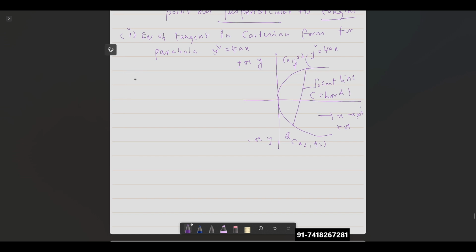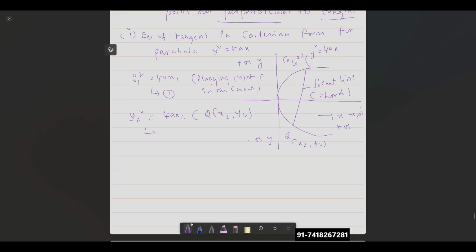So if you plug in x1, y1: y1 square is equal to 4a x1. This is plugging point P into the curve. If the point is on the curve, it has to satisfy the equation. This is the first equation. The second: y2 square is equal to 4a x2, again Q, the point x2, y2 on the curve.